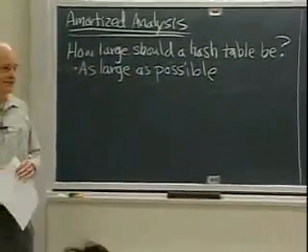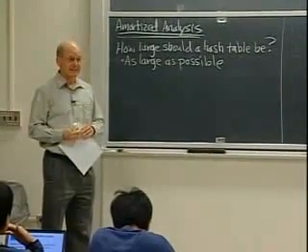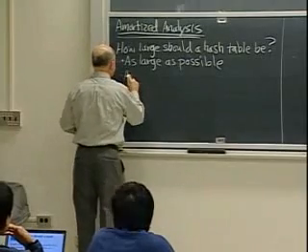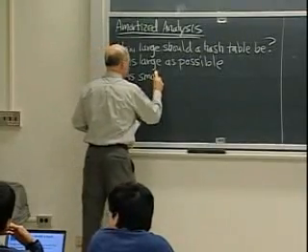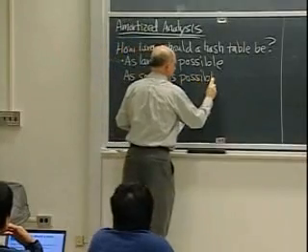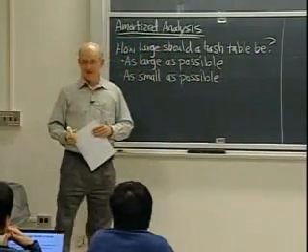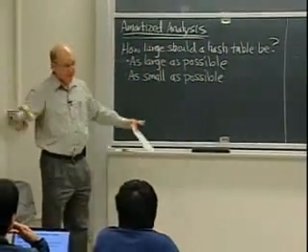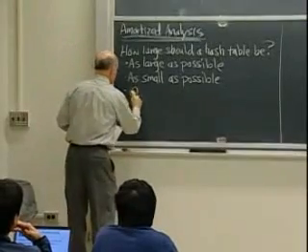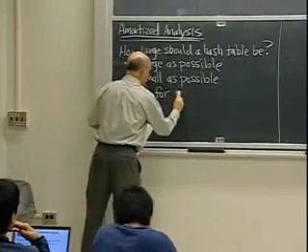Flip side of that is what? It takes a lot of space, so I should make it as small as possible, so as not to waste space. So I want it big, and the happy medium, as we've discussed in our analysis, is to make it order n size for n items.